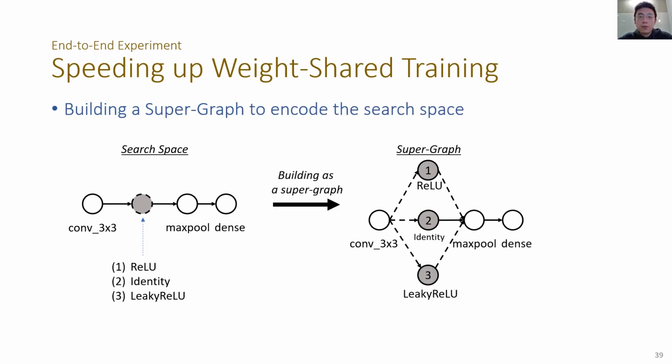Sharing weights using checkpointing could incur significant overhead. Many NAS solutions will manually build a supergraph using dynamic control flow to encode all possible choices in one graph. Each iteration will activate a path of the supergraph for training. In this way, we don't need to checkpoint and reload the weights for each instantiated model, which could save a lot of time from checkpointing and model initialization.